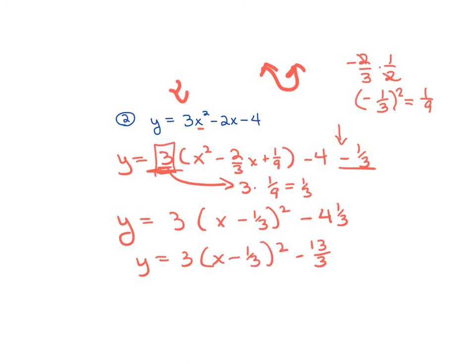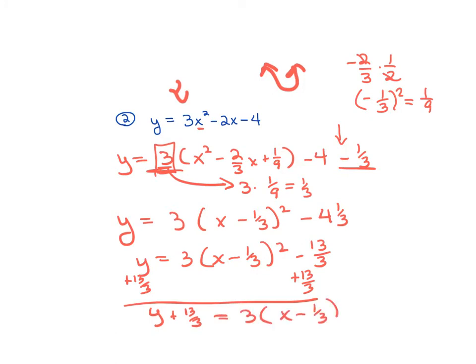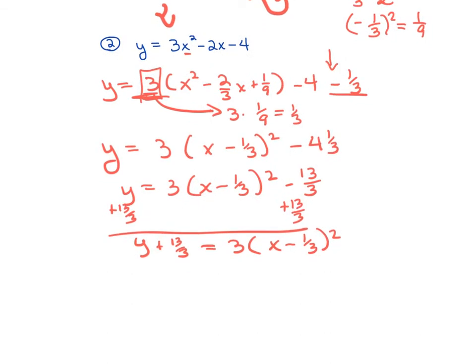Okay, so now I'm going to move the 13/3 to the other side. So y plus 13/3 equals 3 times (x minus 1/3) squared.